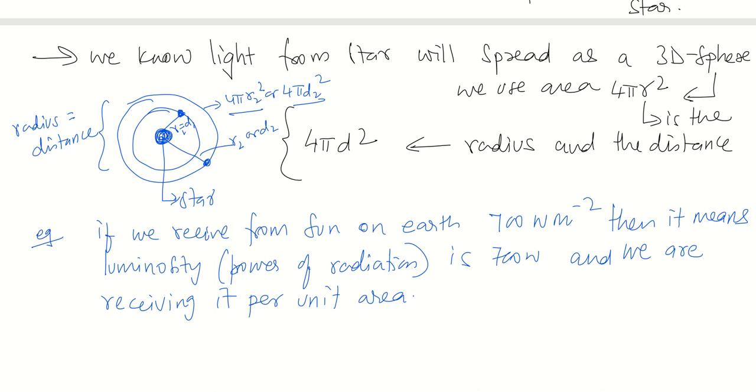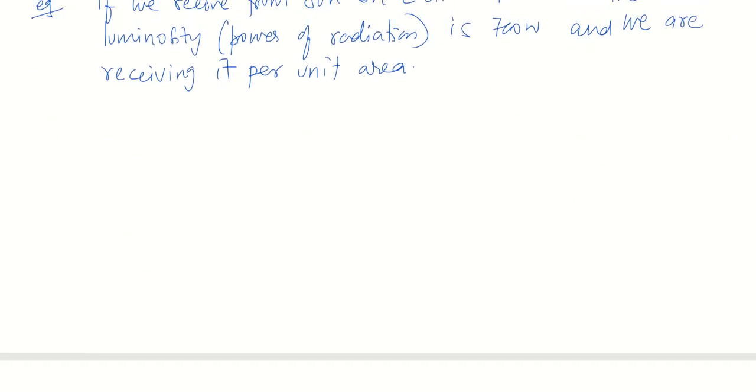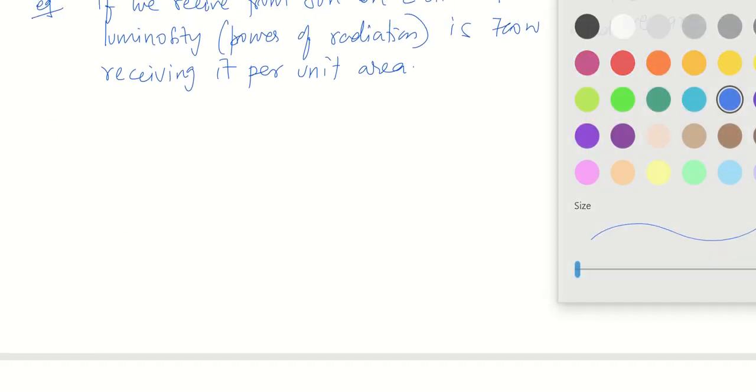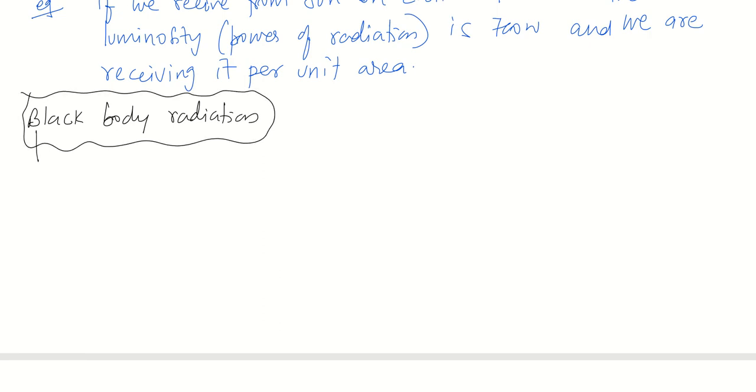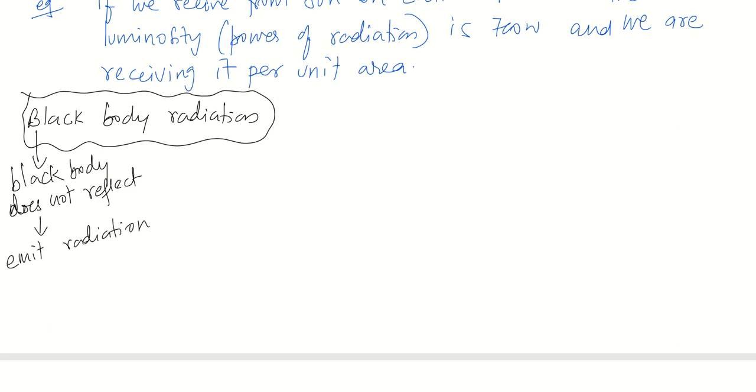now we come towards the last part of D1, which is your black body radiation. So let us try to understand this now. Technically we know that a black body does not reflect, but it can emit radiation, right?